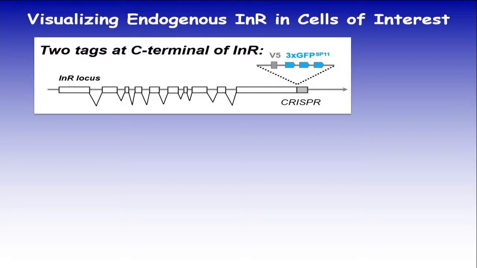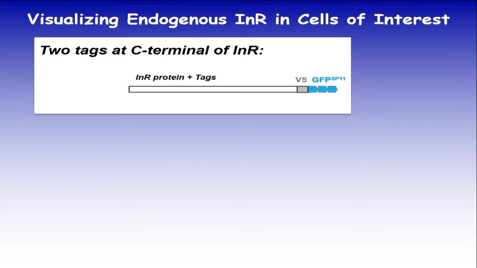We can use a CRISPR tool, for example, to look at the endogenous insulin receptor subcellular localization. We can use CRISPR to knock in a V5 tag and half of the GFP. They will generate a fusion protein, and this doesn't affect the function because the animal is alive and well.